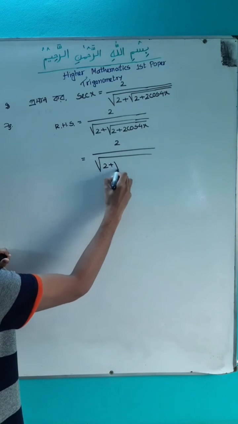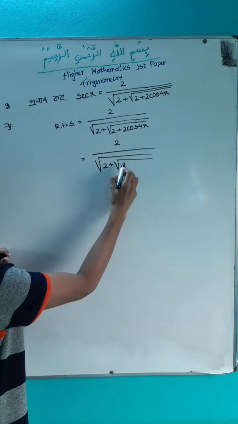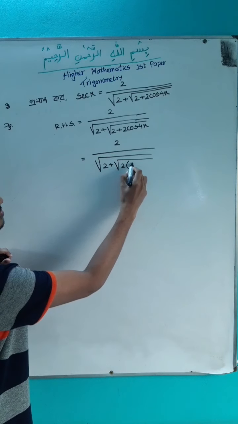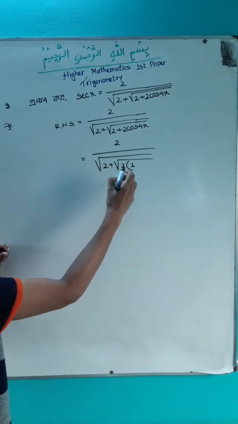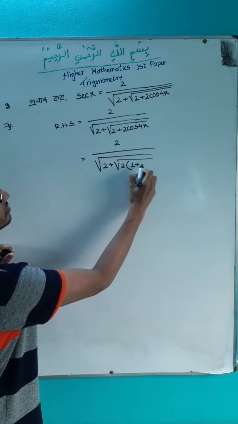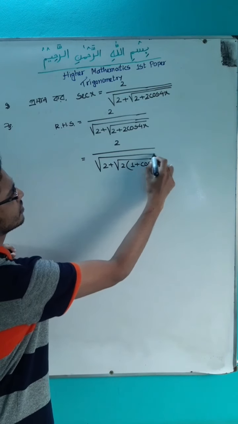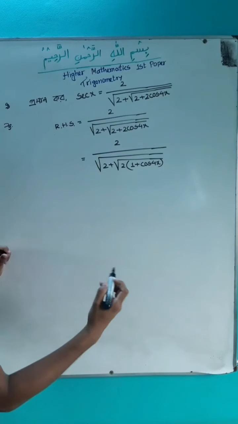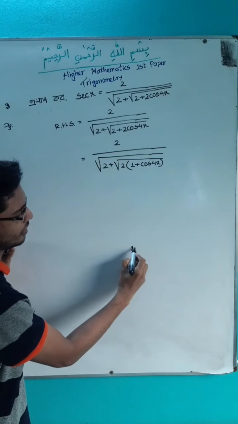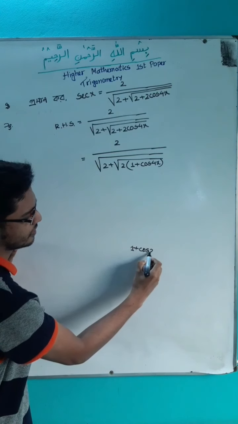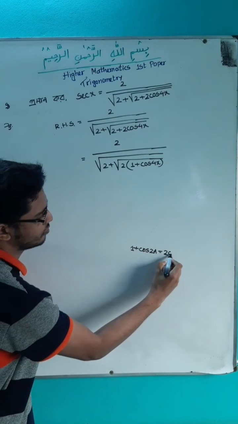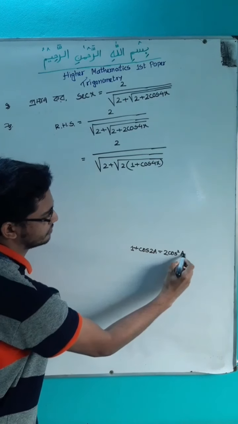Plus, we will take 2 as common between these two terms. 1 plus cos 4x. We know this formula, 1 plus cos 2a equals 2 cos square a.